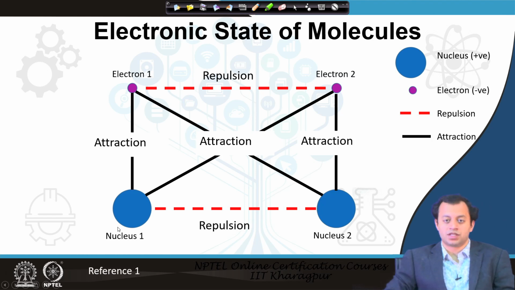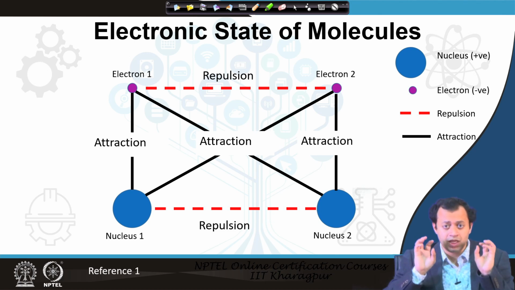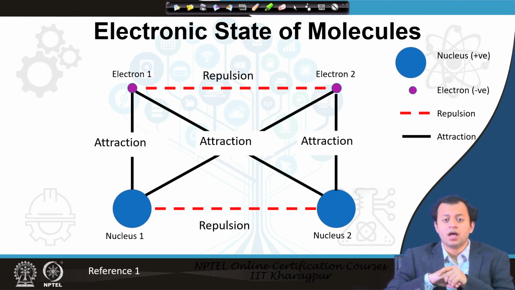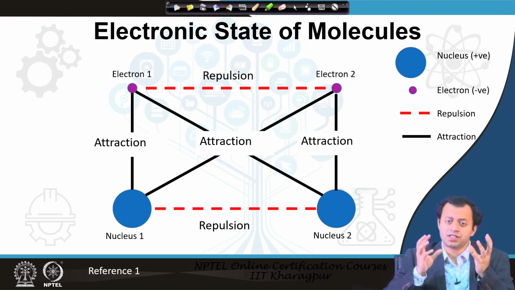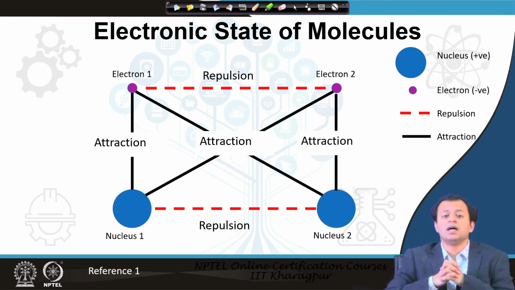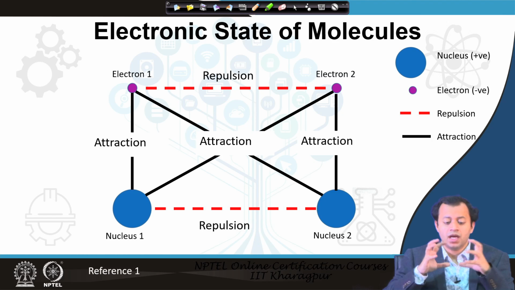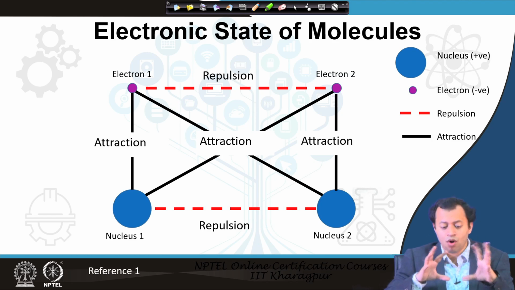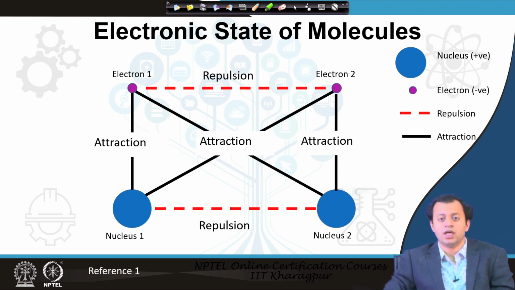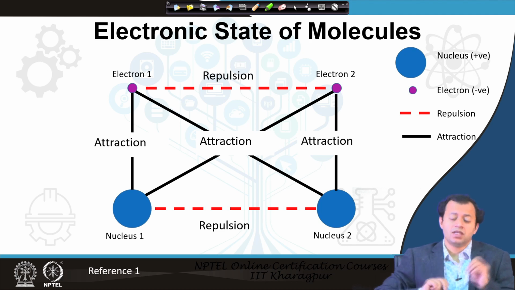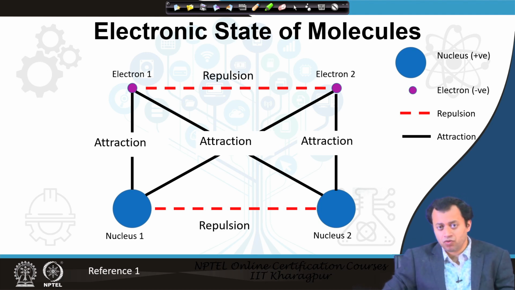So, simultaneously two different types of forces will be working on it: attraction and repulsion between two different atoms. I have taken the simplest case, the hydrogen atom. Try to understand how complex this chart will become when you have a very complicated organic compound, for example benzene or butadiene, and you can see how the attraction and repulsion forces are coming together.